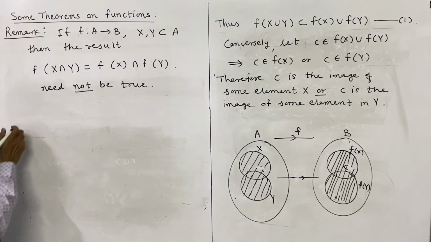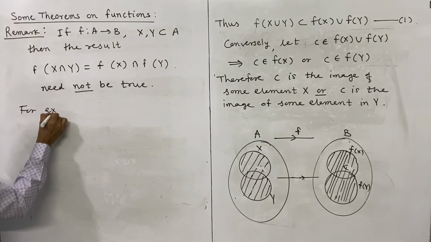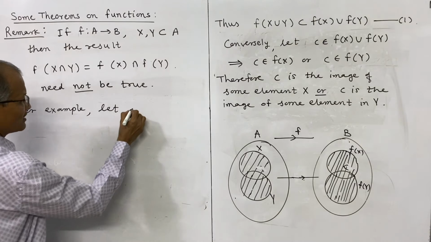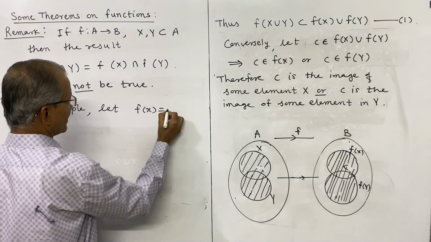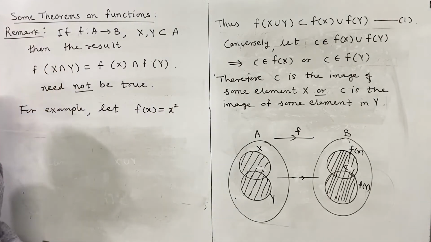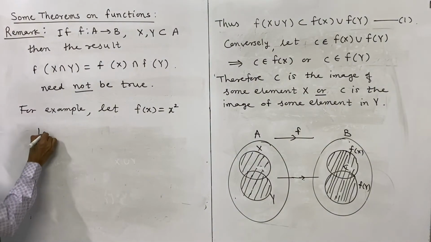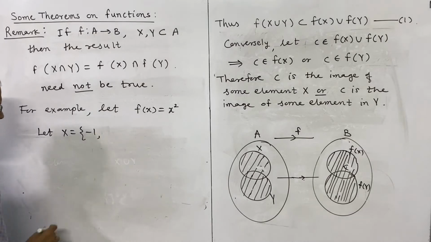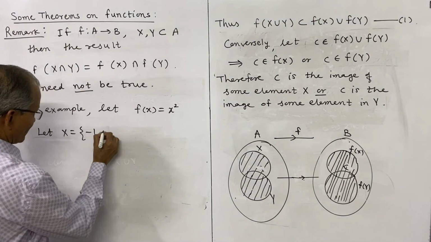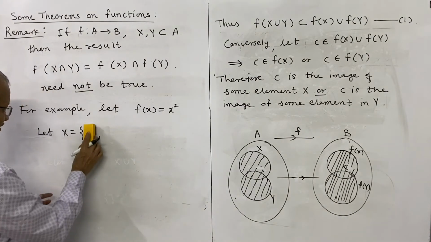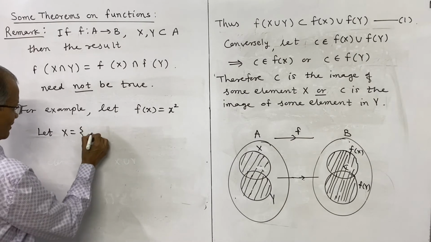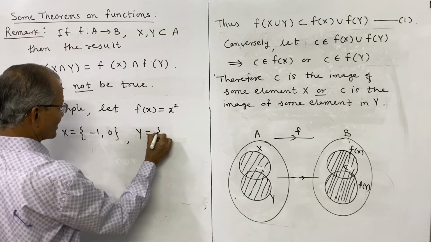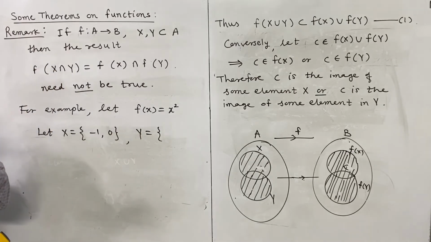For example, let f of x equal x squared be the function, and let x be the set with elements -1 and 0, and y be the set consisting of 1 and 2.